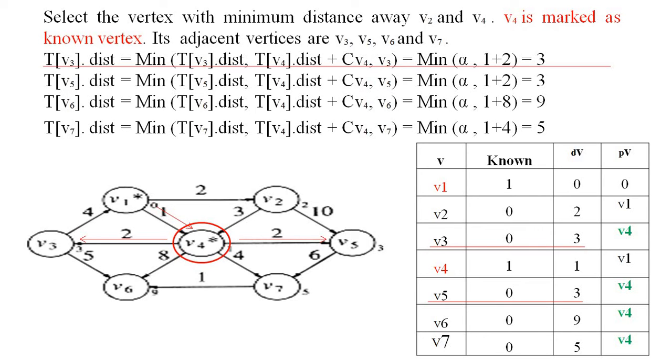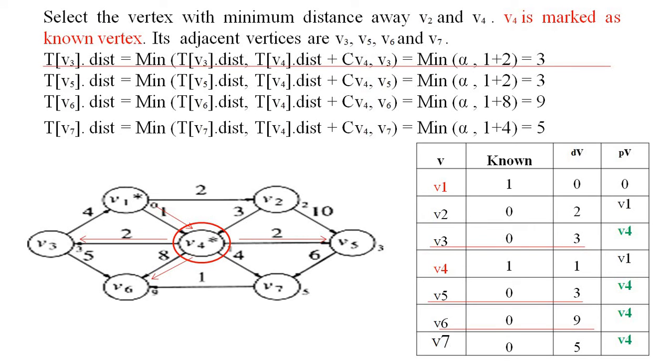Next we write the v5 value. v5 is connected with v4, and v4 is connected with v1. Now the minimum of infinity and 1 plus the current distance 2 gives a total distance from the source to v5 of 3.